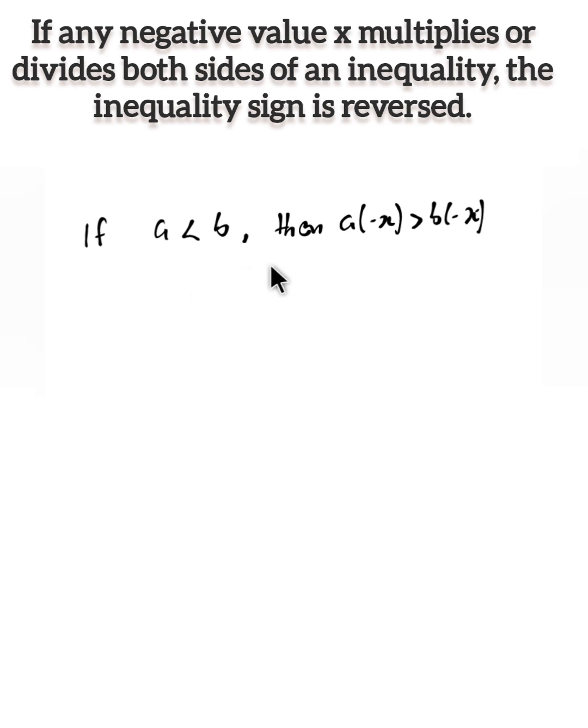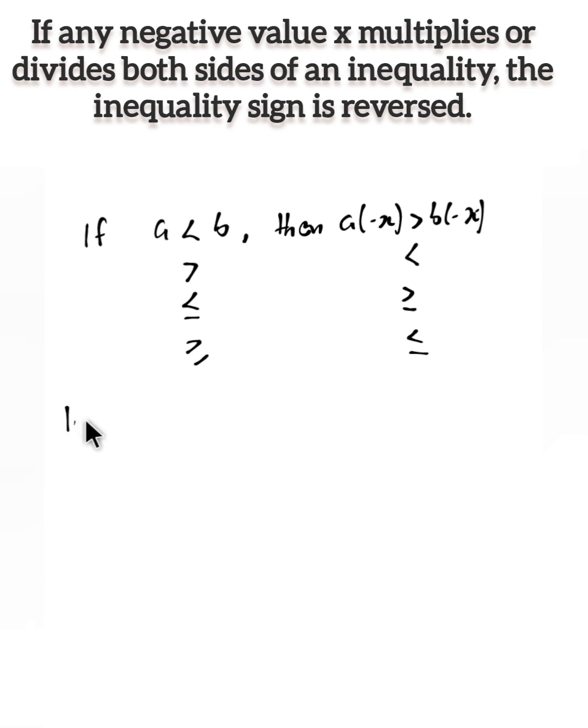So when we are multiplying or dividing by a negative value, the sign will reverse. So if it's less than, it becomes greater than. Assuming it was greater than, it becomes less than. If it's less than or equal to, it becomes greater than or equal to. And if it's greater than or equal to, it becomes less than or equal to. So the sign will reverse.